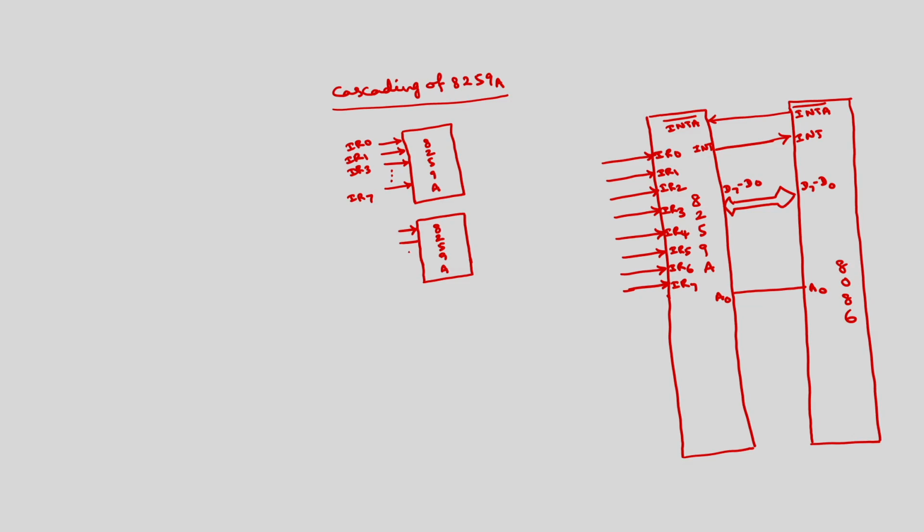This also will be having 8 different IRs, IR0 to IR7. If I call this one as number 1, this as number 2, like this number 8, this also will be having IR0 to IR7.